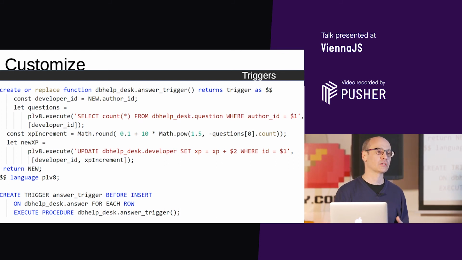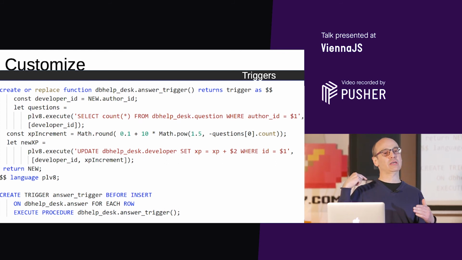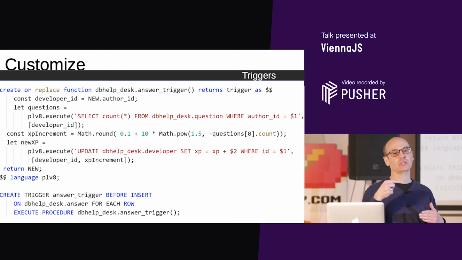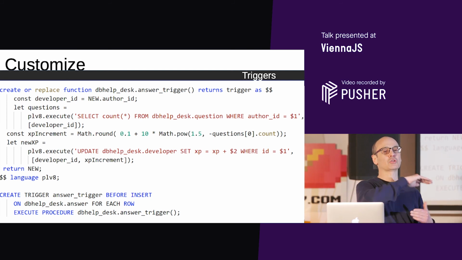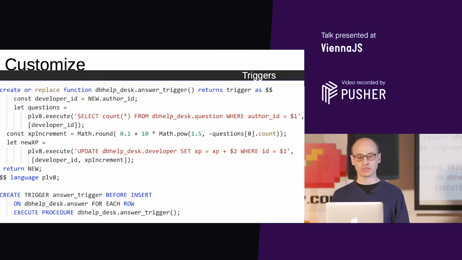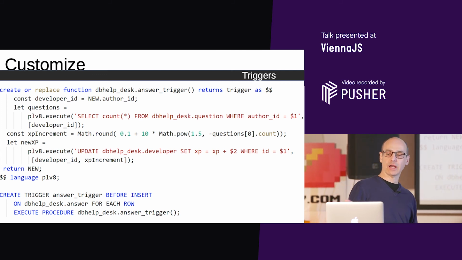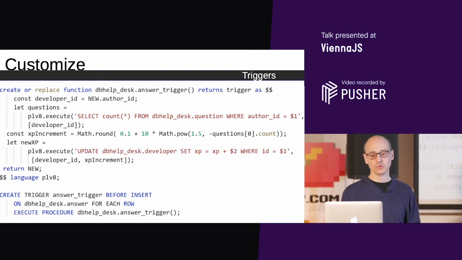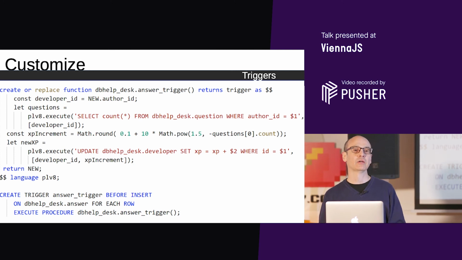For example, I wanted to react whenever they answer a question. This XP needs to increase, but it's not a linear increase. It has to follow a certain function. So again, I'm using PLv8, which is the JavaScript engine that runs within Postgres.